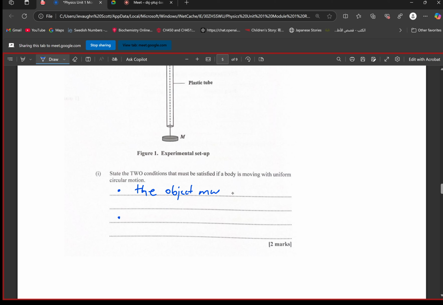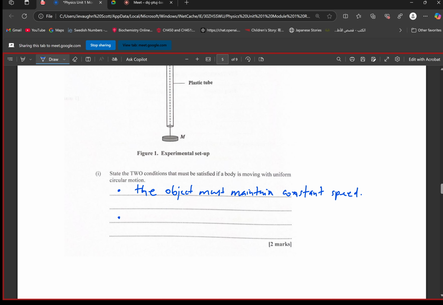If you write constant velocity, if I were the marker, I'd give you 0 marks from the start. Because remember, in circular motion, direction is changing, so velocity will change. If you write constant velocity, no, 0 marks. So it's constant speed that the object has. Alrighty.